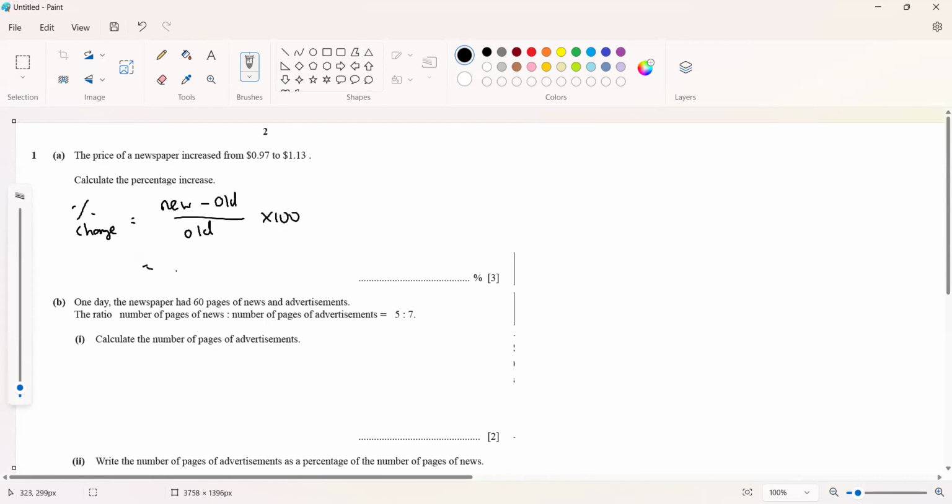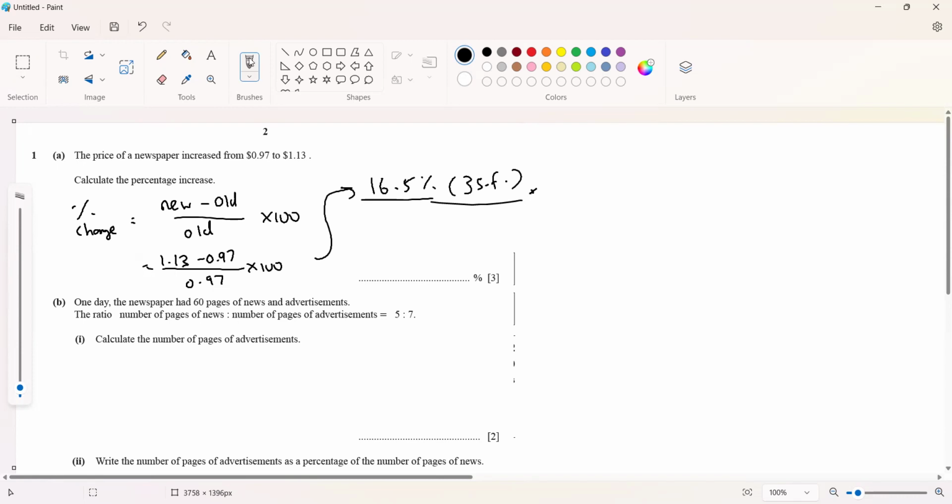So we take 1.13 minus 0.97, divided by 0.97, times 100, and the rest is calculator work. We get 16.5%, in three significant figures.